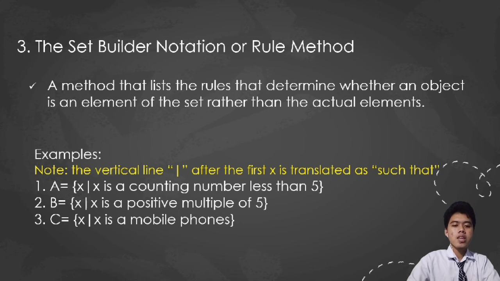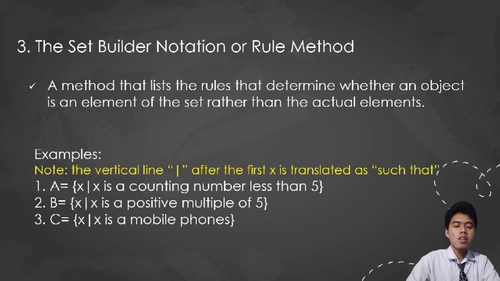So, number 1, set A is equal to {x | x is a counting number less than 5}. So, parang nagdi-describe ka pa rin, however, meron na siyang x such that x. So, ganun lang siya. Number 2 natin, set B is equal to {x | x is a positive multiple of 5}.